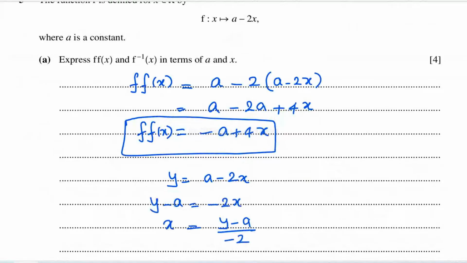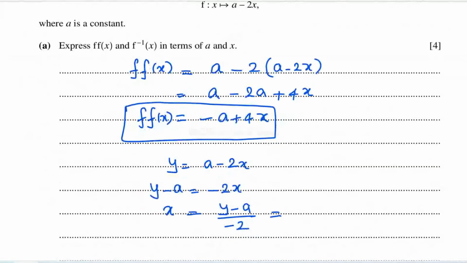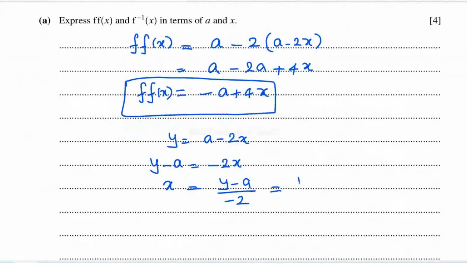Or we can write this as 1 over 2 multiplied by a minus y. Okay. So f inverse of x is equal to 1 over 2 multiplied by a minus x. Now replace y by x.